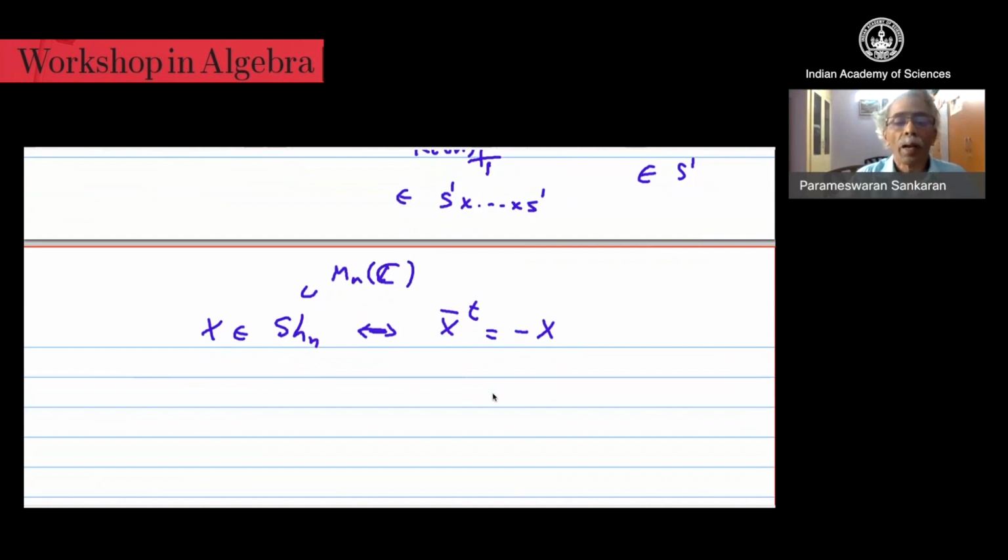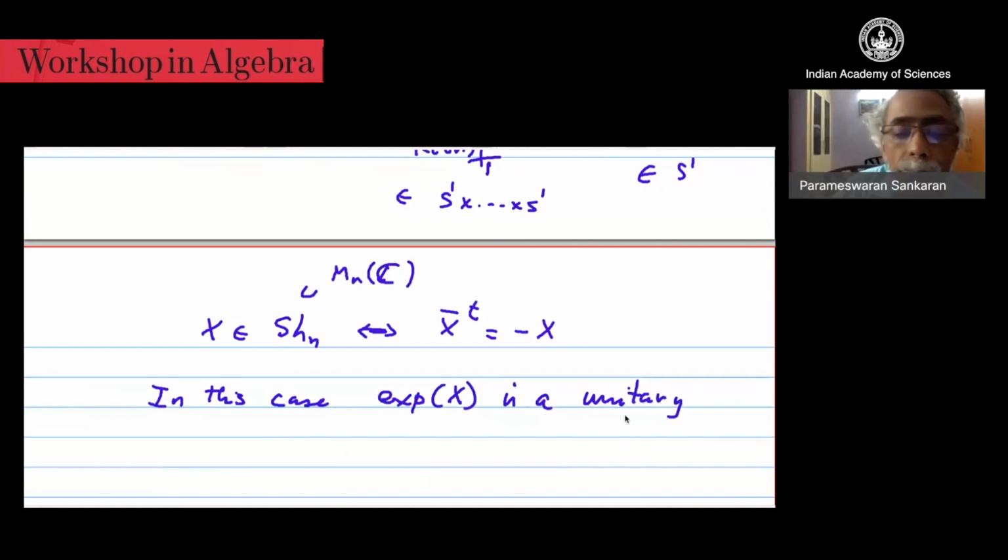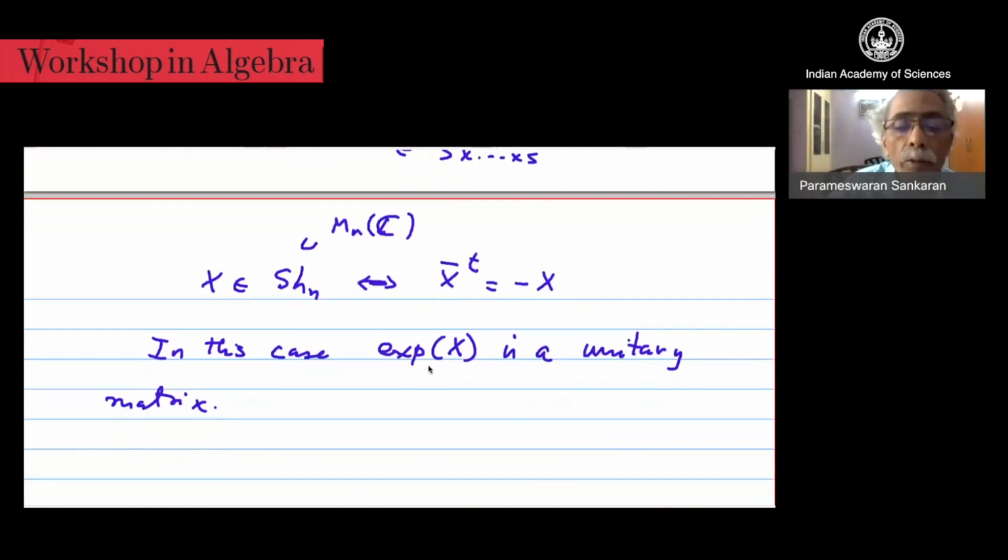Okay, and again you can show that in this case, in fact, skew Hermitian is much easier to deal with. In this case, exponential of X is a unitary matrix. So if I call this A, that is A satisfies A bar transpose times A is equal to identity.